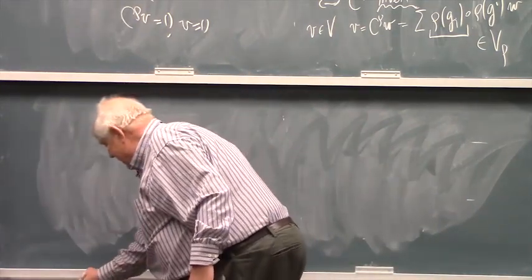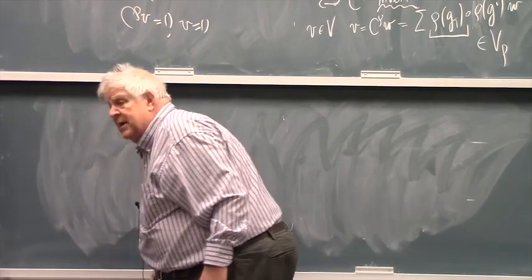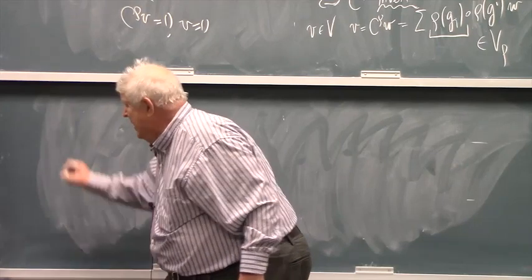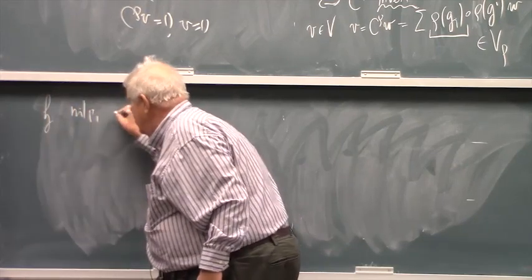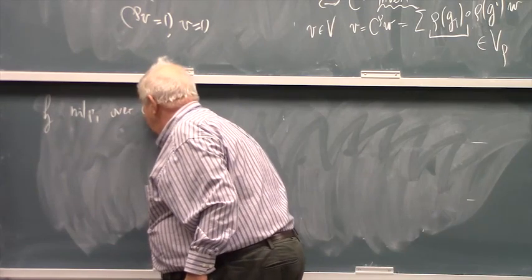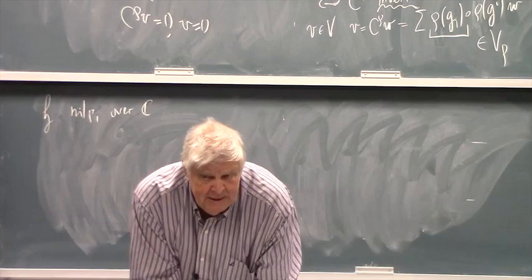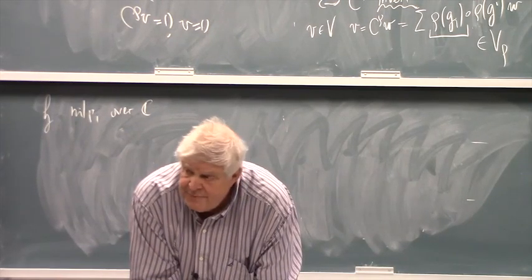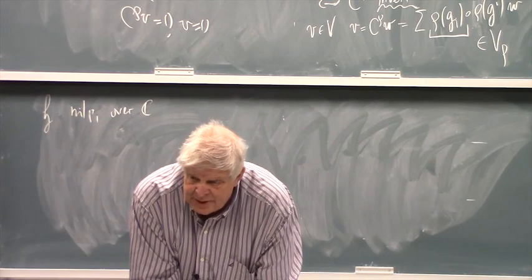A weight. I consider, first of all, a nilpotent Lie algebra over C. Actually, sometimes I will need less than that. Simply, it's sufficient for me to consider this case.